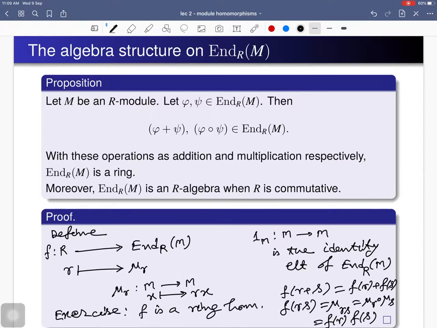Okay, and also it maps the identity element of R to mu 1, and this is the identity element of End of M. Okay, and of course you can verify that the image of R via this map is there in the center of this ring, because mu r commutes with each element of End of M. So mu r is there in the center of this ring, and it proves that End of M is actually an R algebra when your base ring R is commutative.